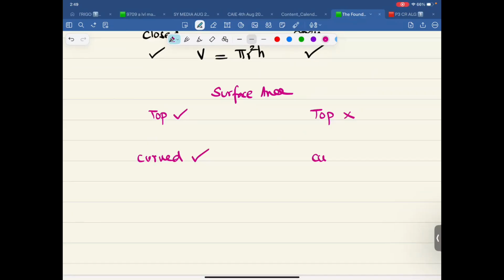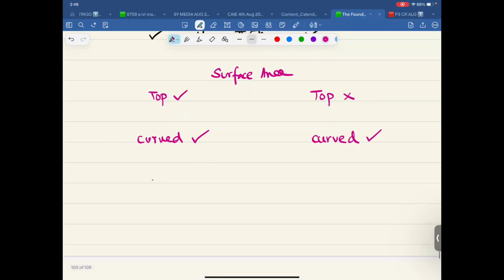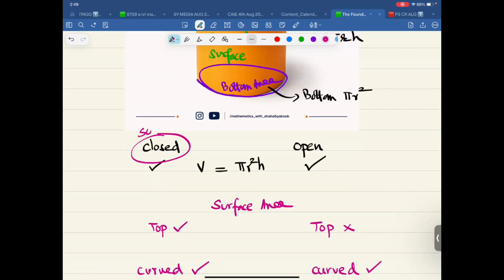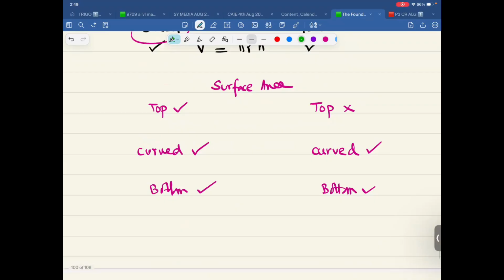The bottom is present in the closed, the bottom is present in the open. The word closed and solid mean the same thing. So what is the top area? Pi r square, it's not there in the open one. What is the curved surface area? 2 pi r h. What is the bottom area? Pi r square.